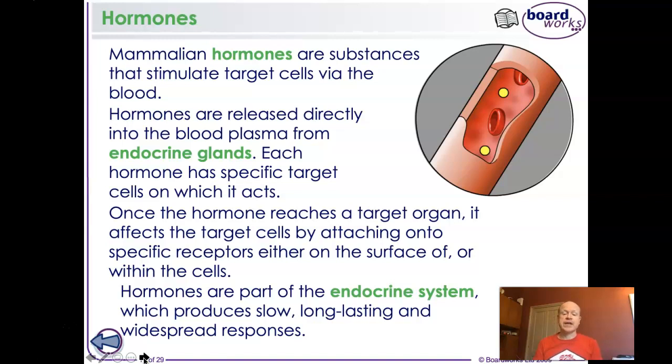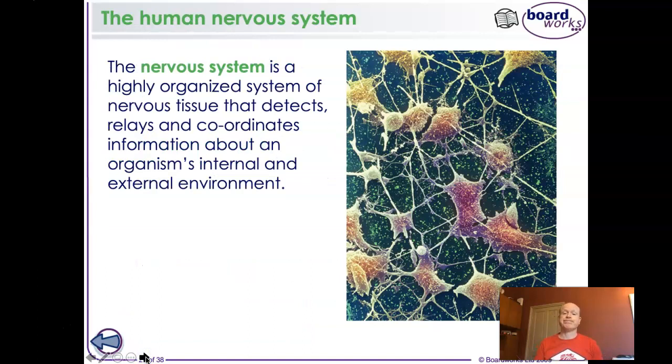The important thing to think about, though, is that the hormones are slow, long-lasting, and produce widespread responses. So we're not talking about something that happens necessarily instantly, although some hormones can be instant or very quick. Adrenaline, for example, is a hormone that produces a very rapid response, but usually slower and long-lasting.